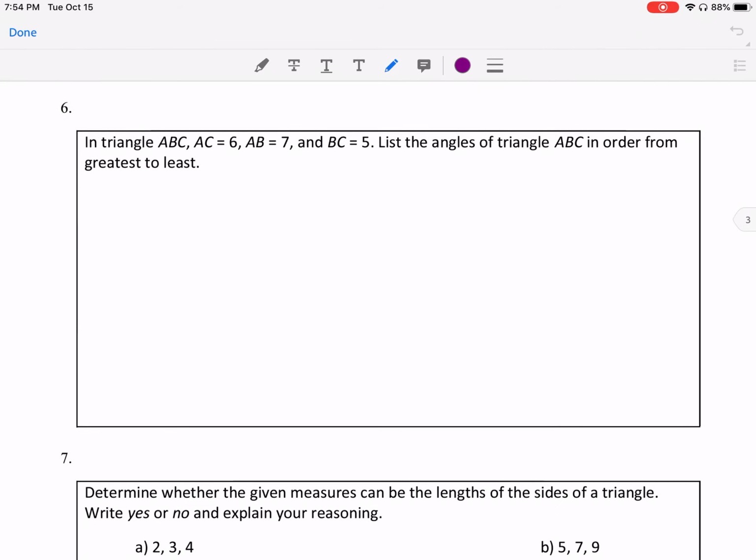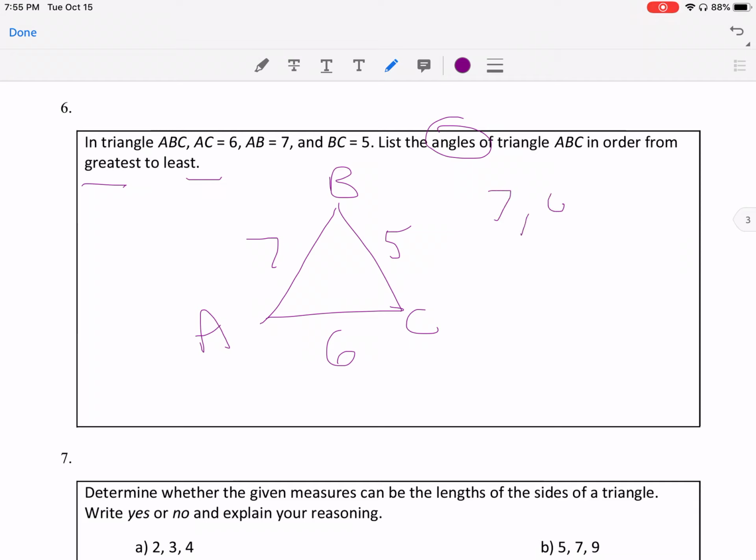For number 6, I am going to draw the triangle first. So A, B, C it looks like. AC is 6, AB is 7, BC is 5. It says list the angles. In order from greatest to least, I list the sides, 7, then 6, then 5.